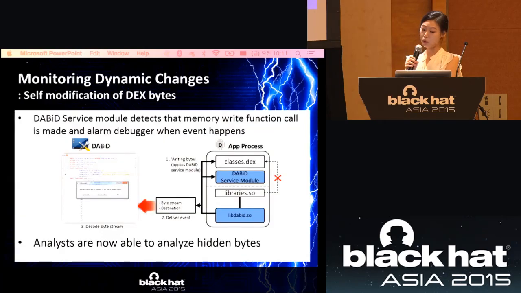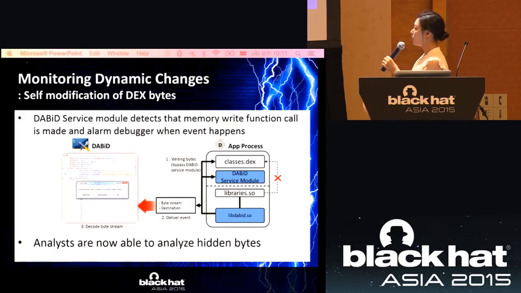So let me explain in more detail about our main goal, monitoring dynamic changes. The first one is self-modification of DEX bytes. The DABiD service module, which resides in the application process, detects when a memory write function call is made and alarms the debugger when the event happens. When the write function is called, the DABiD service module prepares the information that the debugger might want, such as the byte stream and destination address of the write function.